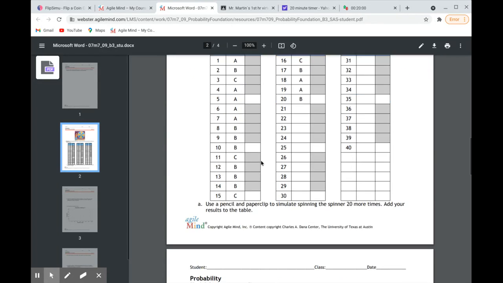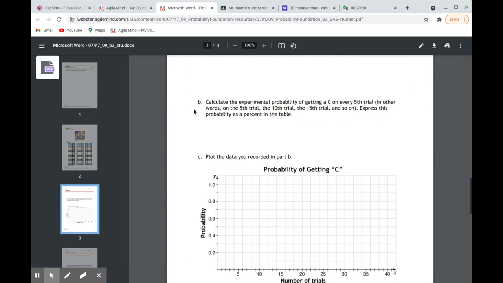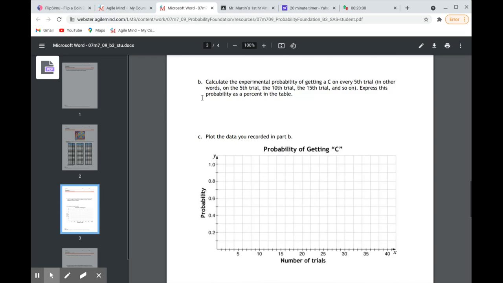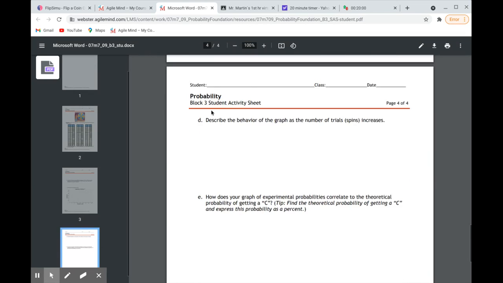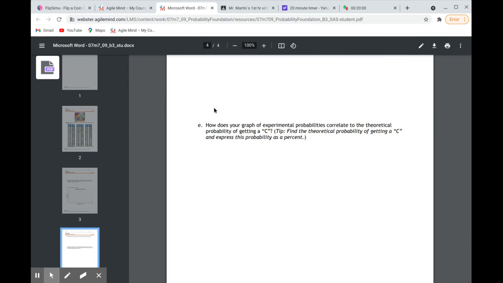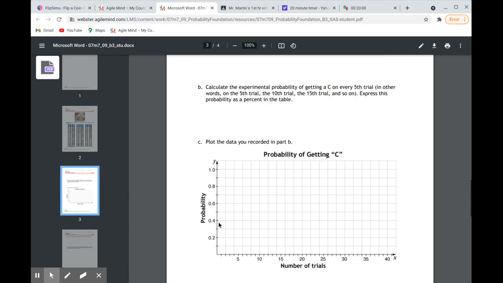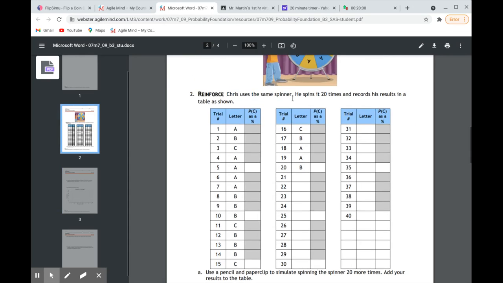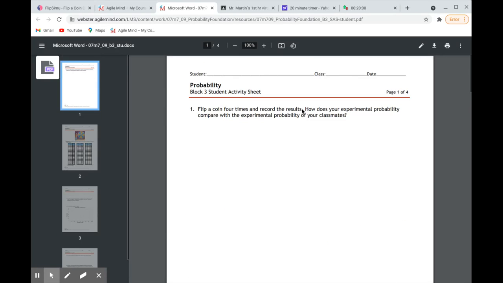That'll allow you to answer question A, and then you'll be able to complete B, C, D, and E based off of that. So this is something that y'all can do on your own. And right now we'll go over our guided practice questions 1 through 6 together.